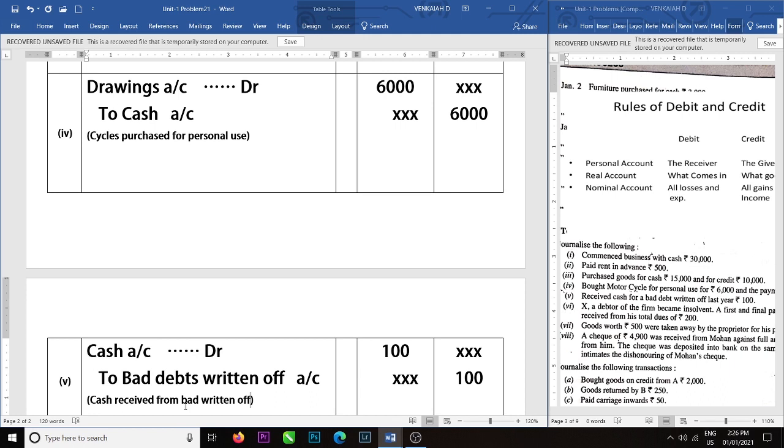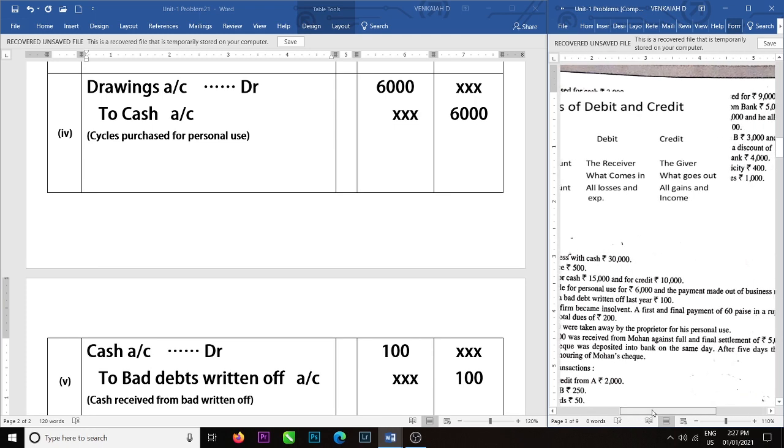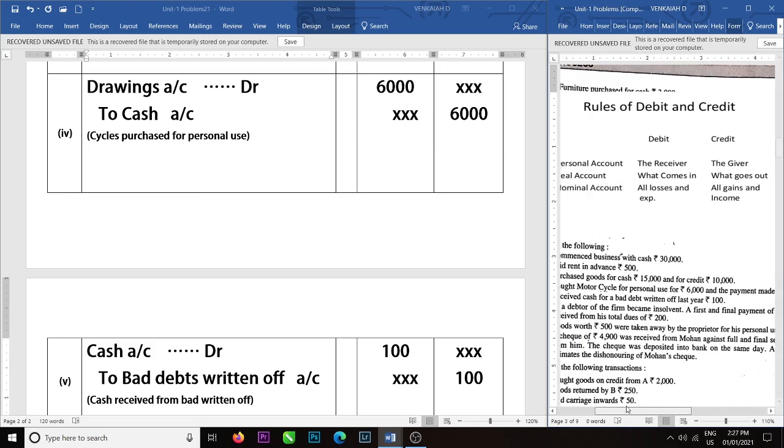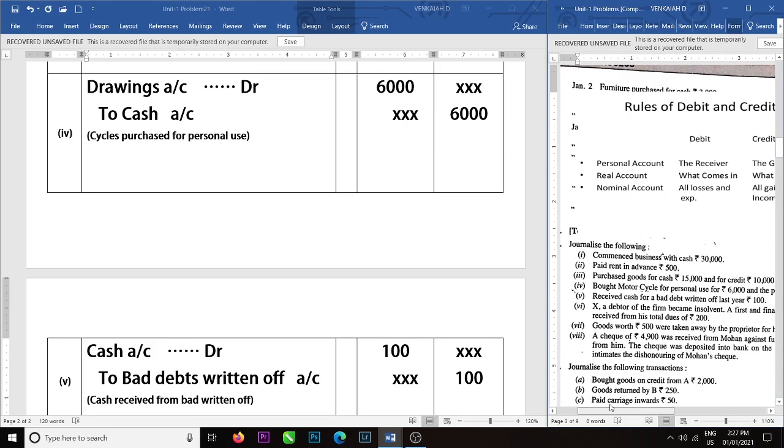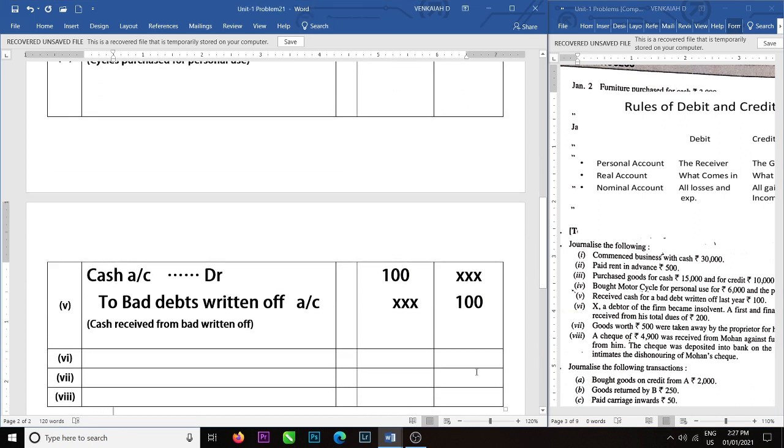X, a creditor of the firm, became insolvent. A first and final payment was received from his dues; total due is rupees 200. Payment of 60 paise in the rupee was received from his total dues of 200. So one person is there, his name is X. He is unable to pay the amount 200.